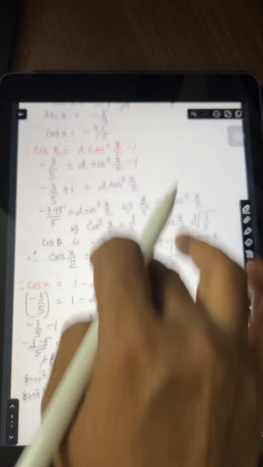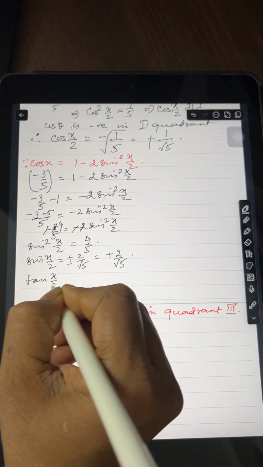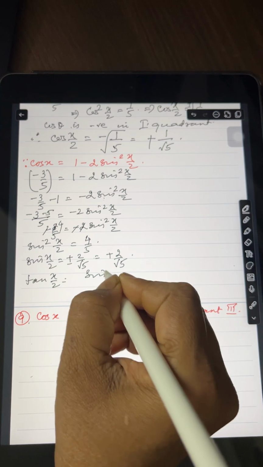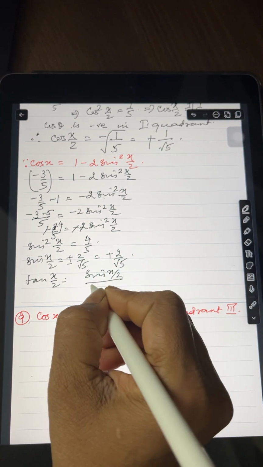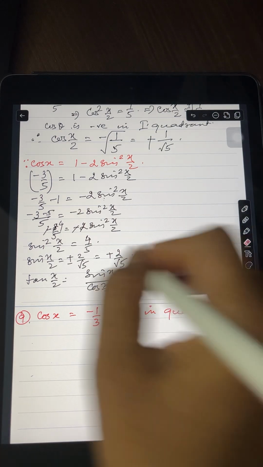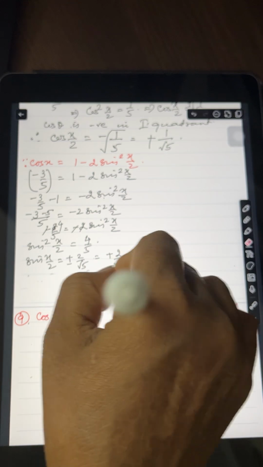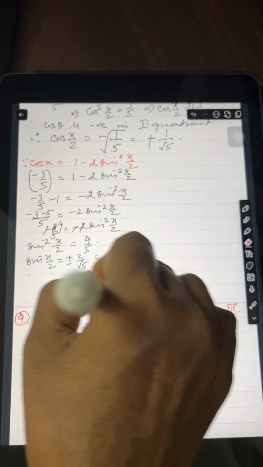Sine you have, cos you have. Now tan you will have to find out. So tan x by 2 is equal to sin x by 2 by cos x by 2. Okay, I'll do it here because there is lack of space.